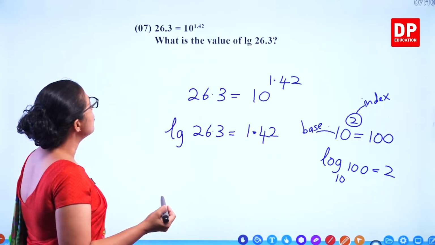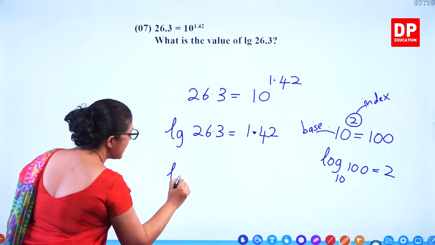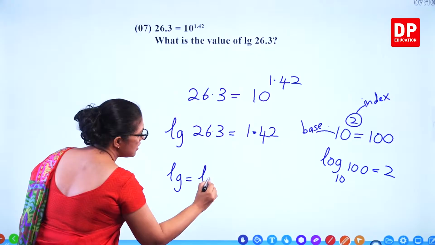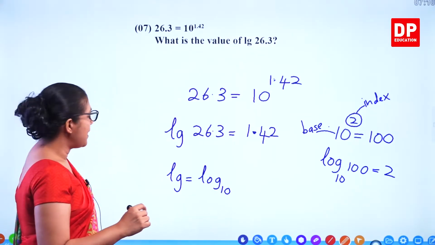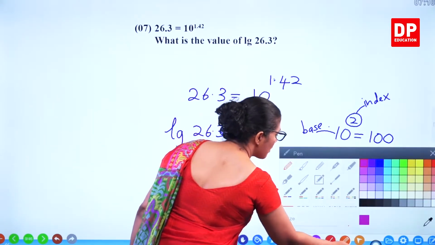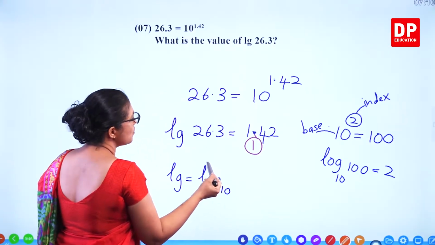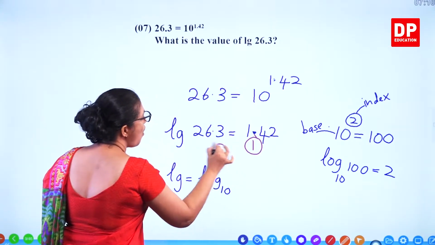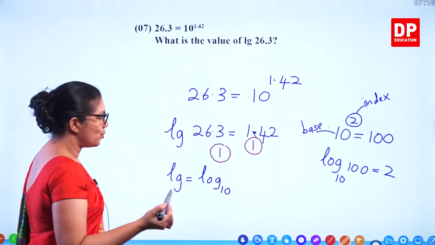So straight away you get the answer, that's 1.42. Remember what LG means? Log base 10, so we don't write the base 10 there. You get 2 marks: 1 mark for this answer and identifying this, or straight away you get another mark for the answer, 1.42.